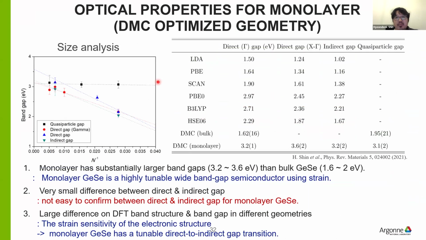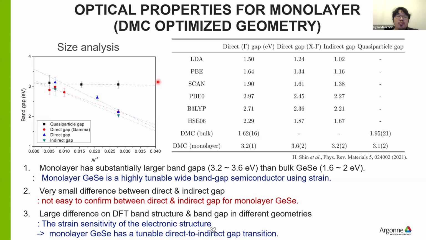So here are the optical properties for the monolayer systems with the different sizes of cells, for the two different direct gaps, one indirect gap, and one quasi-particle gap. And this is the summary table for direct and indirect gaps for the structures.